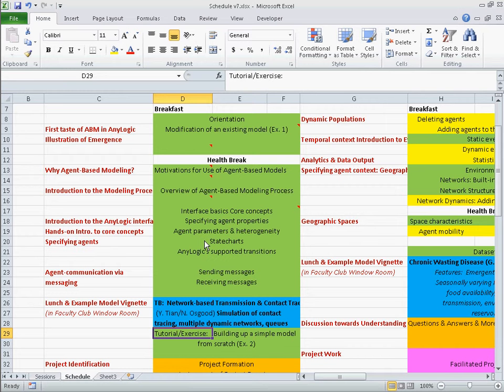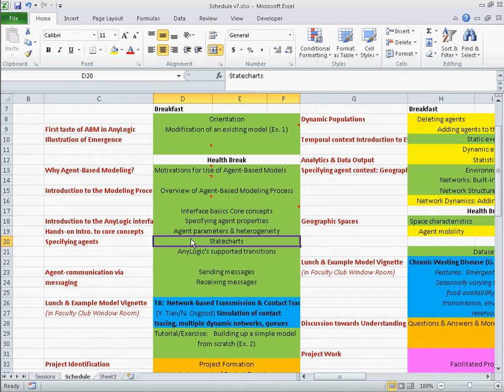Such a large quantity we treat as continuous. Or perhaps it's quantities such as income, or perhaps it's quantities such as self-regulatory capacity, which may be varying depending on both internal dynamics and external situation. So state charts are one mechanism for declaratively specifying agent behavior within AnyLogic, but they're not the only mechanism.